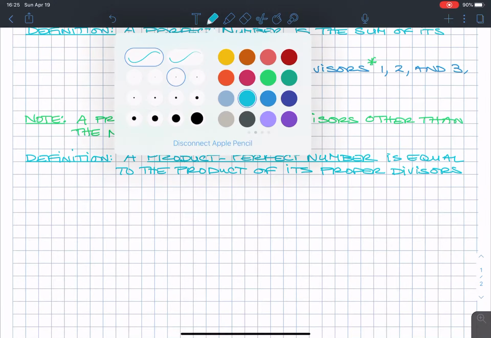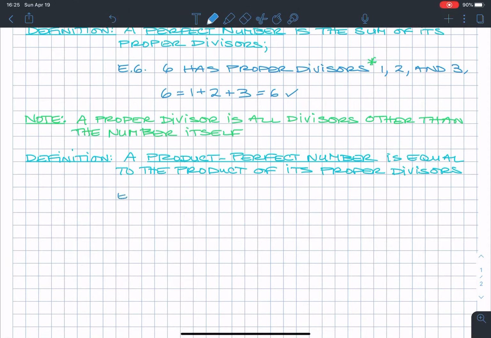Okay, so for example, once again, make sure that's a G versus a 6. So 6 has proper divisors 1, 2, and 3.